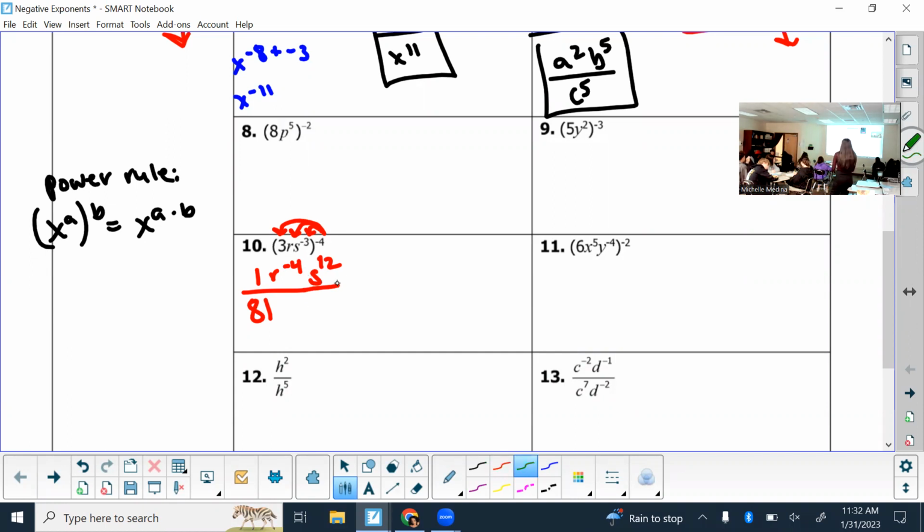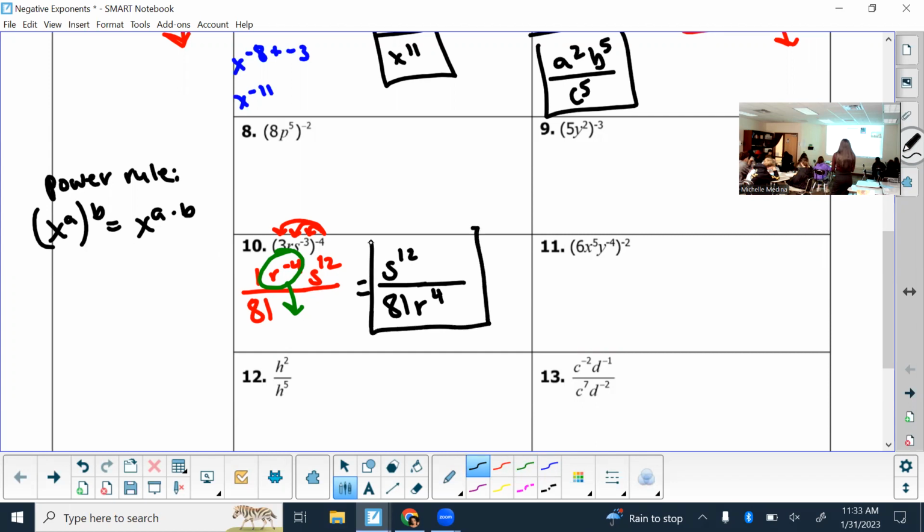Is it the r or the s that needs to move? The r, because that's the one with the negative exponent. So it moves across the fraction bar. And then rewrite your answer. You could do 1s to the 12. You don't really need the 1 if there's other stuff there. And then on the denominator, I have 81 r to the +4 now that we moved it. Questions on 10?